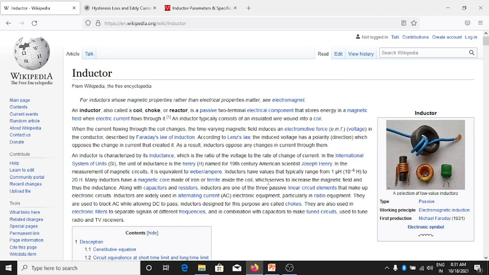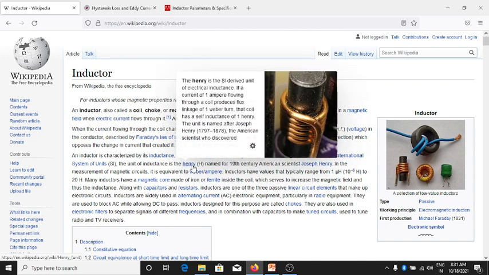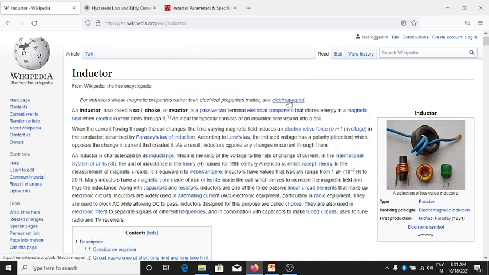The inductor is characterized by its inductance, which is the ratio of voltage to the rate of change of current. In the International System of Units, SI, the unit of inductance is the Henry. Clear? It is named for the 19th century American scientist Joseph Henry.